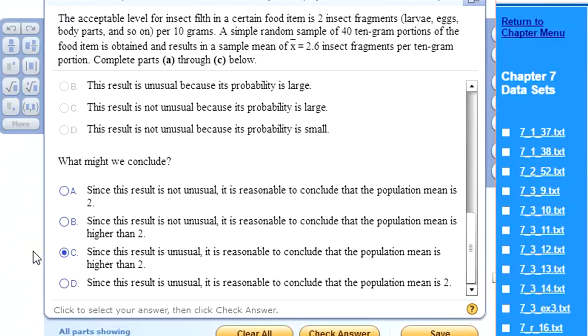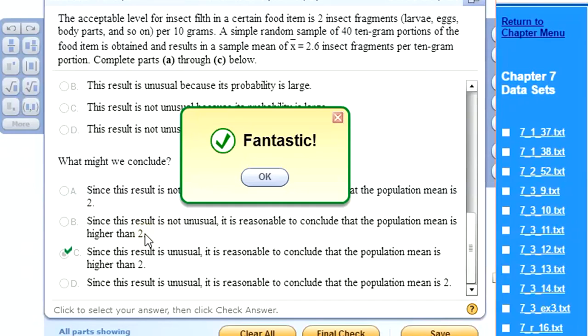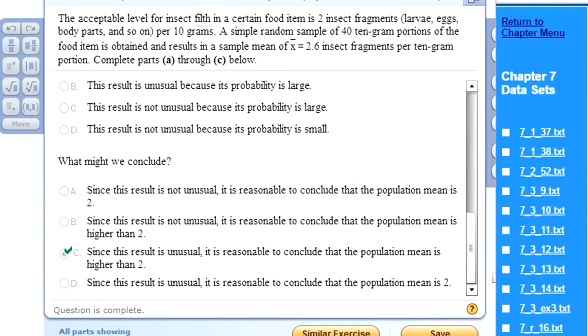It would be much more realistic if the population mean was, say, 2.5, something like that. Then a sample average of 2.6 would not be such an unusual observation. Great.